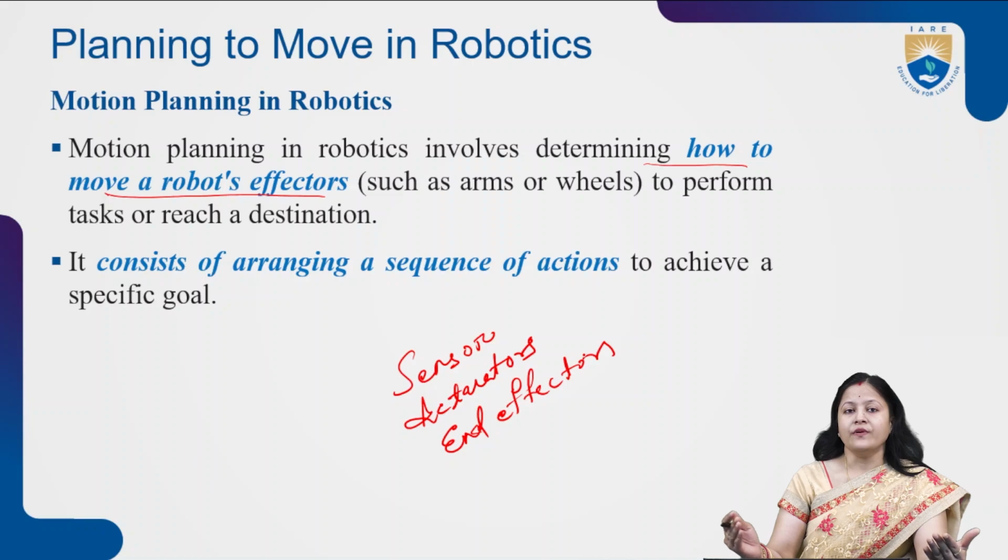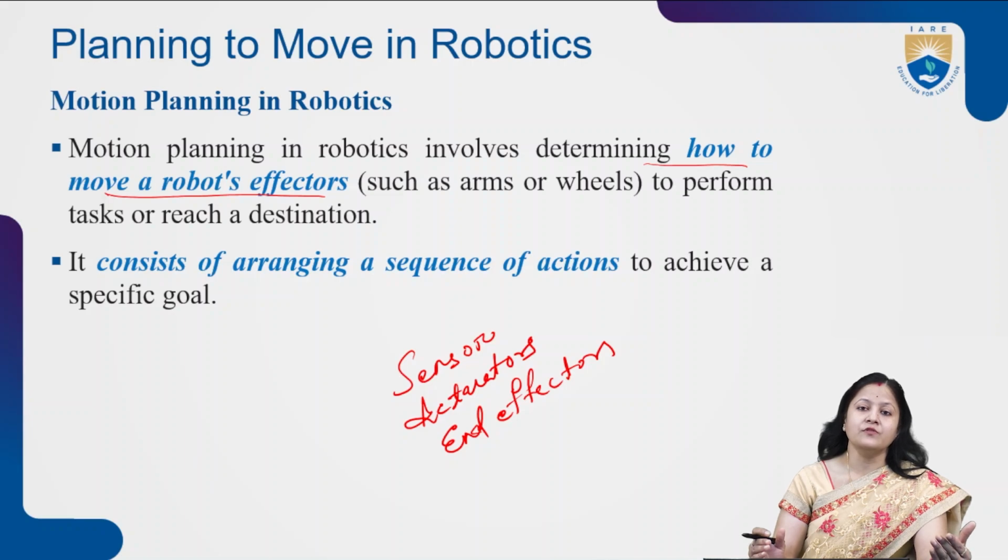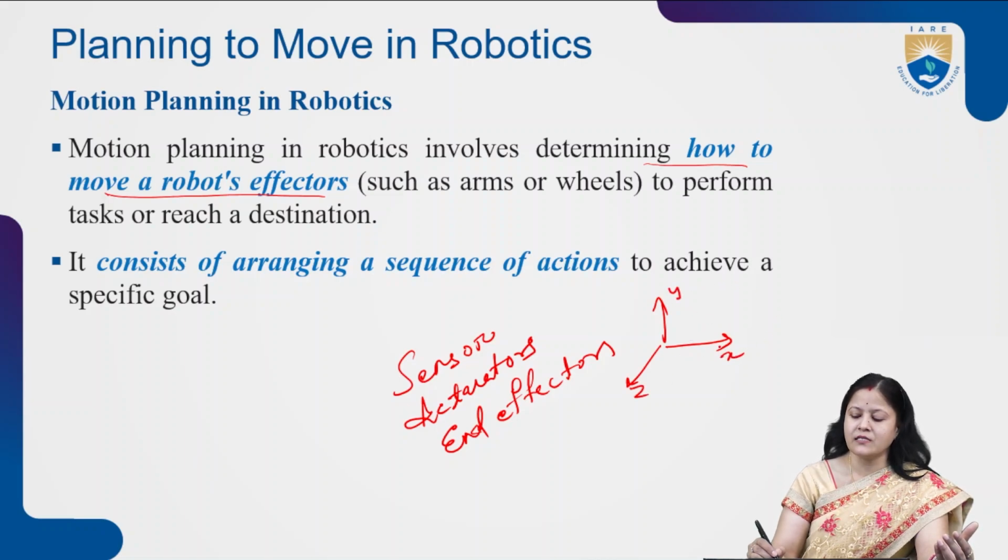Sensors are how the robot receives input from the environment. Actuators perform the action in the form of translational or rotational movement. That means translational movement along the x-axis, y-axis, and z-axis, then rotational movement along all three axes: rotation about the x-axis, y-axis, and z-axis.